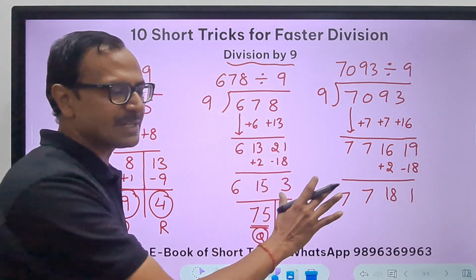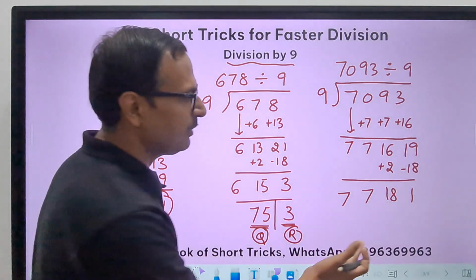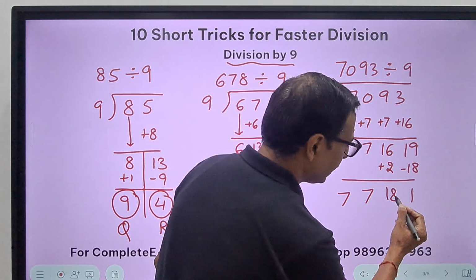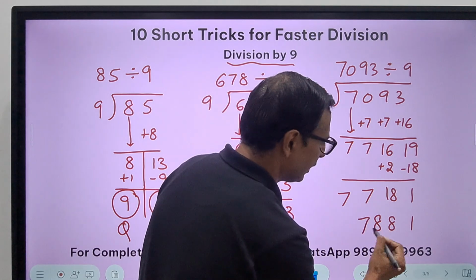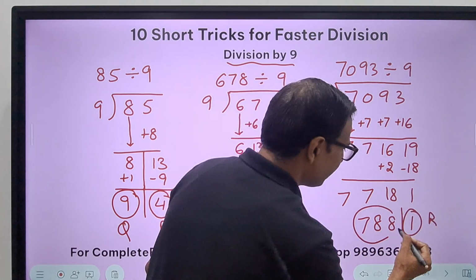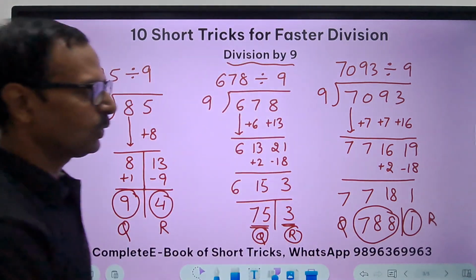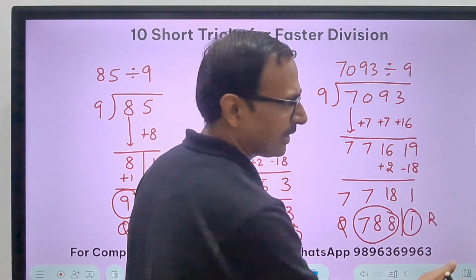Now once you do this step, you just have to retain the unit digits of the answer and carry forward the tens digit. So 1, 8, 1 carried means 8 again, and 7. Now the last digit becomes the remainder, and the remaining part 788 becomes the quotient. So 7093 divided by 9 is 788 quotient and 1 remainder.